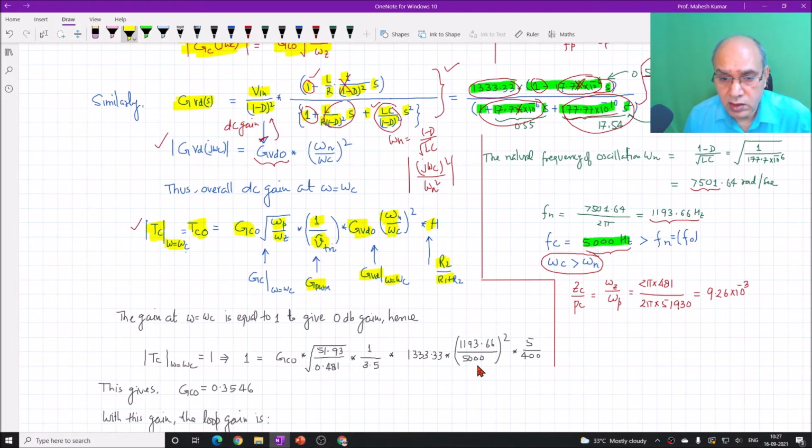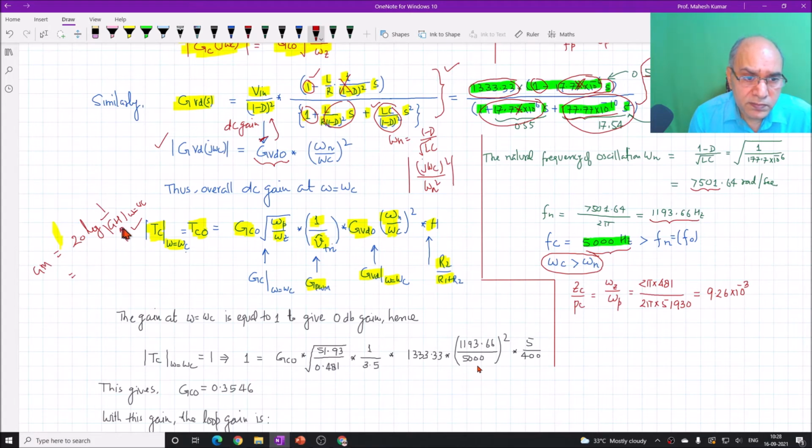GH equal to 1, and log of 1 is 0. So the decibel gain at the gain crossover frequency is actually 0, because if you take 20 log of GH at omega equal to omega c, this is the gain.